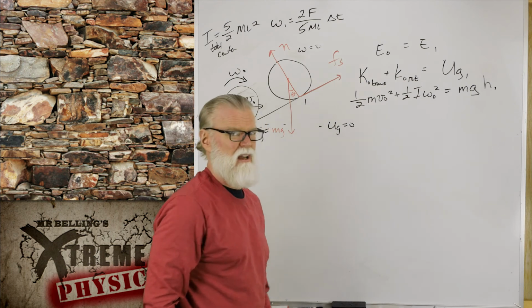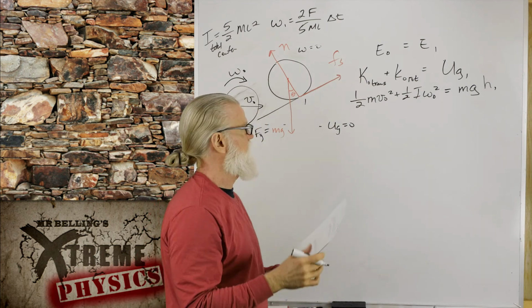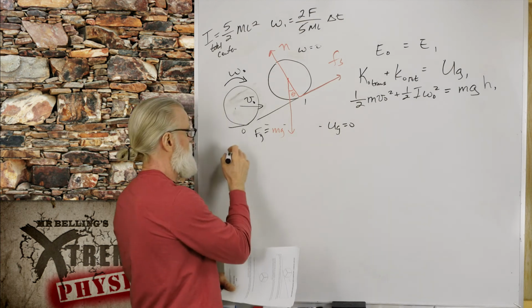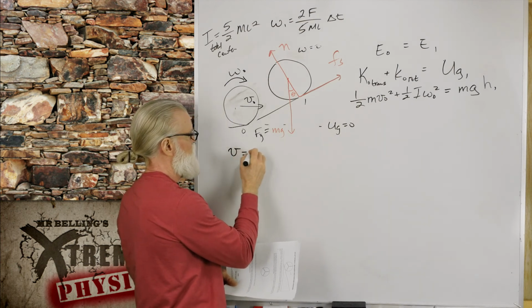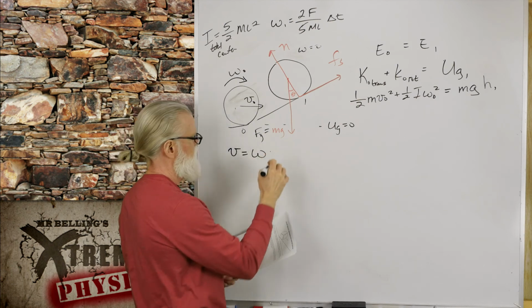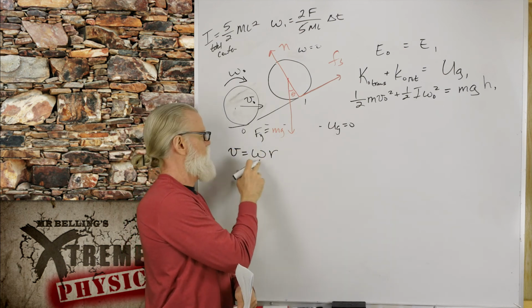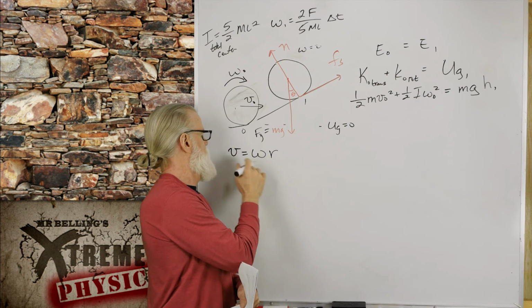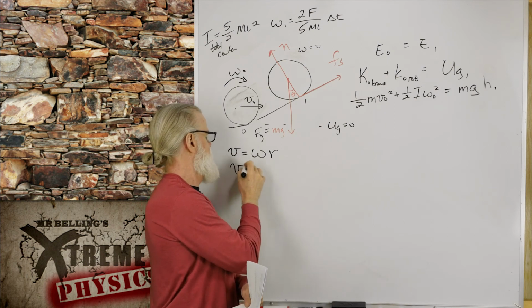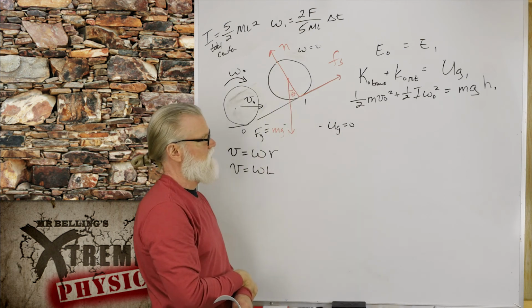They also said we need one more piece of information. They said it was rolling without slipping. That's a beautiful thing. That means that V equals omega R. In general, V equals omega R. So the translational speed equals omega R. But in this case, V equals omega L because R is called L in this particular problem.